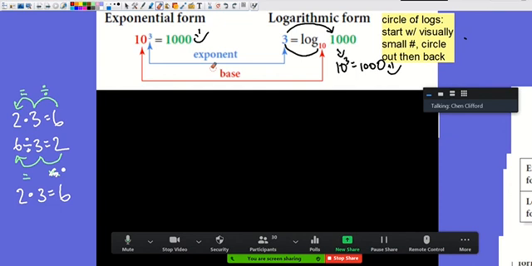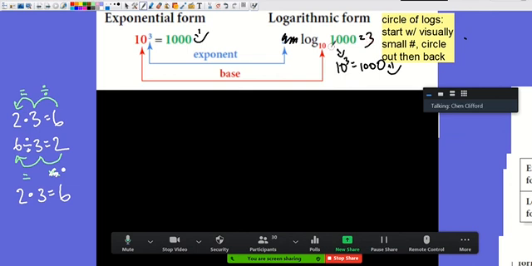Now, it's also important to note they could have put the 3 on the right side instead of the left side. It's totally the same thing.